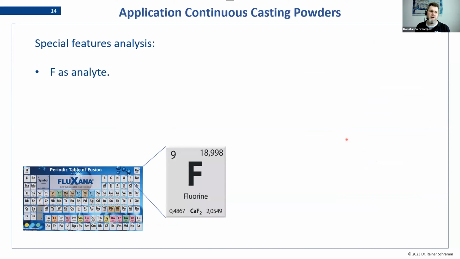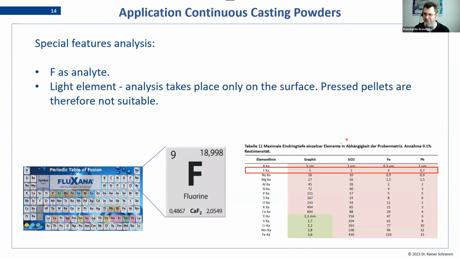The next special thing we need to look out for is fluorine. Fluorine as an analyte is quite difficult in XRF analysis, just mainly because it's a very light element. You might have seen a table like this before. We definitely use that one in a lot of our other presentations when we talk about the theory and the general way to analyze certain elements in X-ray.